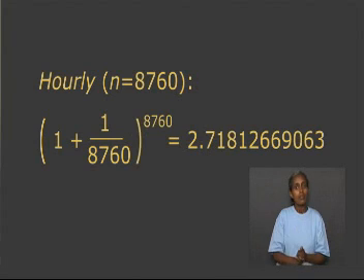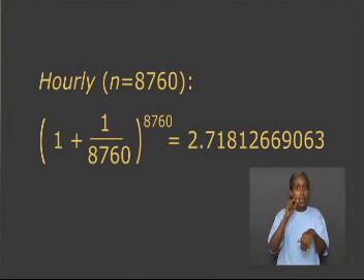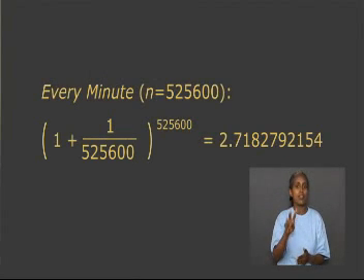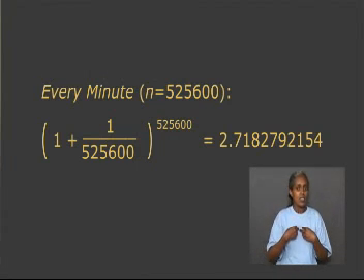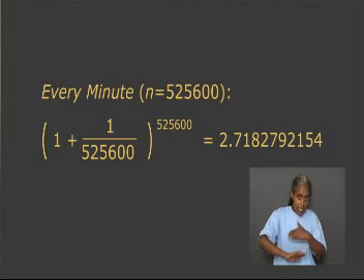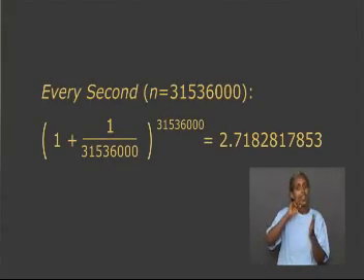There are 8,760 hours in a year. Hourly interest yields about 2 bir and 72 cents. Now, the increase has gotten so small it can no longer be expressed in bir. These are the equations for interest that is paid every minute and every second.